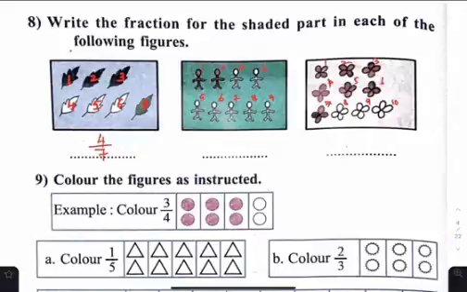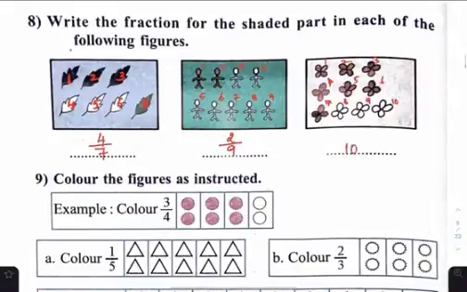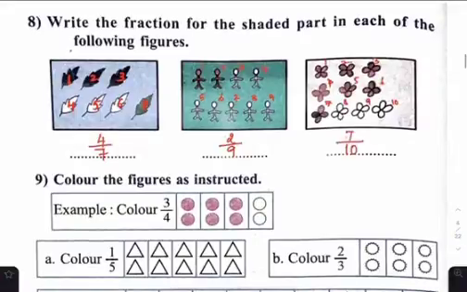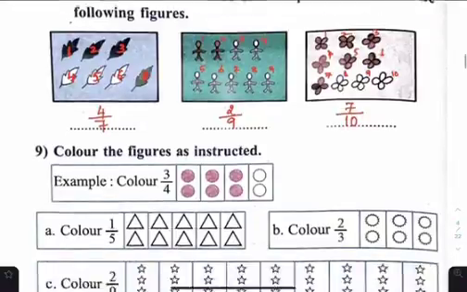So the fraction for the shaded part is 4 by 7. Now for the second figure, we have totally 9, and out of that 2 objects have been shaded. So 2 by 9 is the fraction. Out of 10, we have 7 flowers being shaded. So 7 by 10 is the fraction.